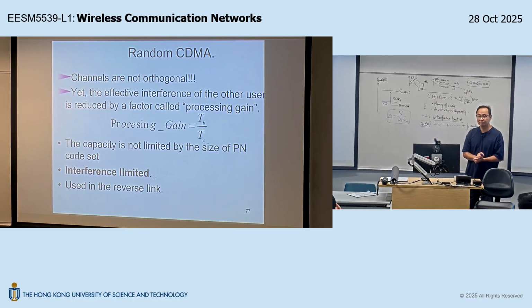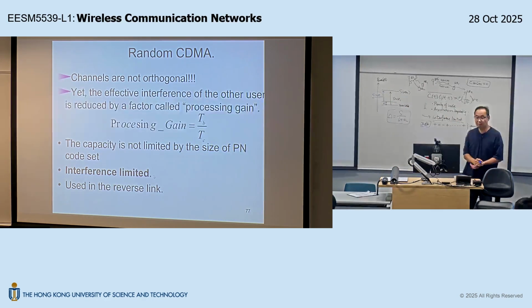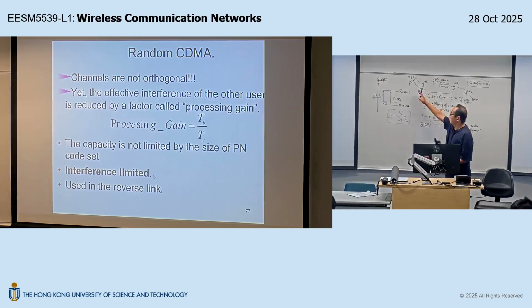Is that okay? Now in this case, the reference user will have to enjoy this SINR. This is the signal to noise plus interference ratio, this gap. Okay? And this gap is still okay. Now, when the third user comes, by the same logic, the third user will contribute an actual interference power of S, right?